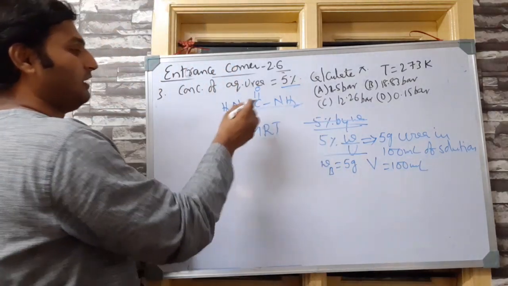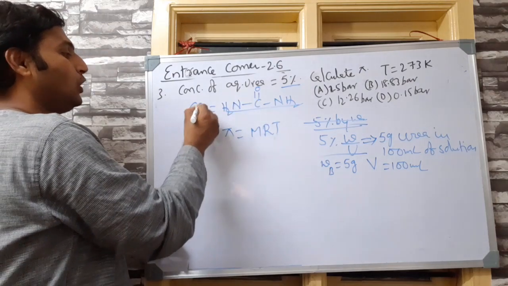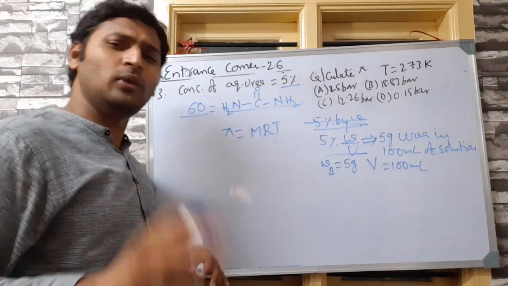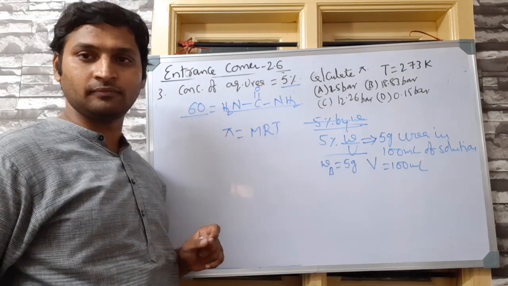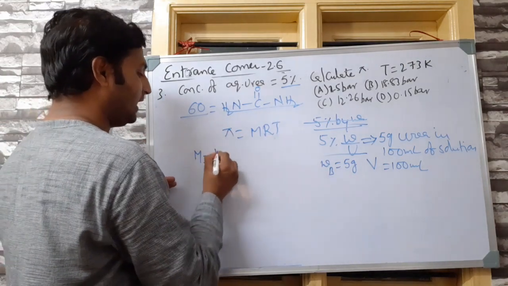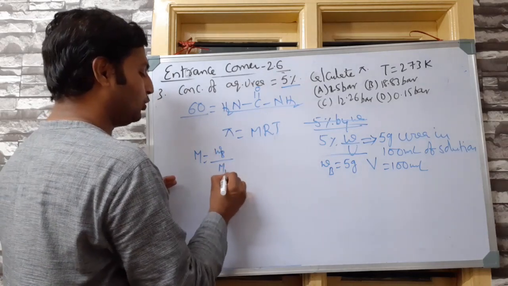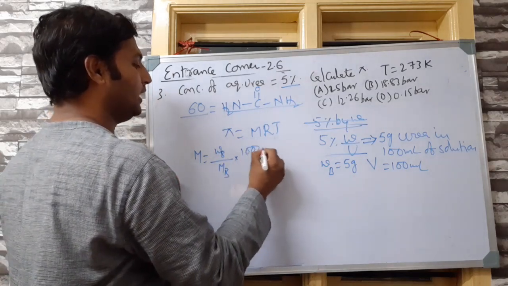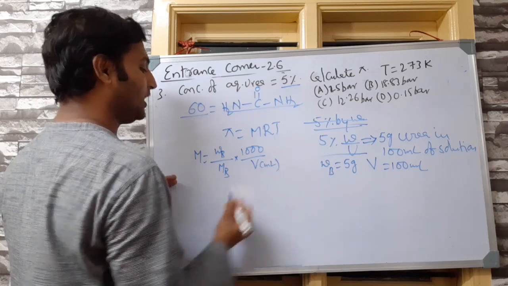Now, if you add the atomic masses, the urea molar mass comes out to be 60, which he has directly given in the question itself, 60 grams per mole. So, first let me calculate molarity. Molarity is equal to the weight of solute by molar mass, into 1000 by the volume of solution in ml.